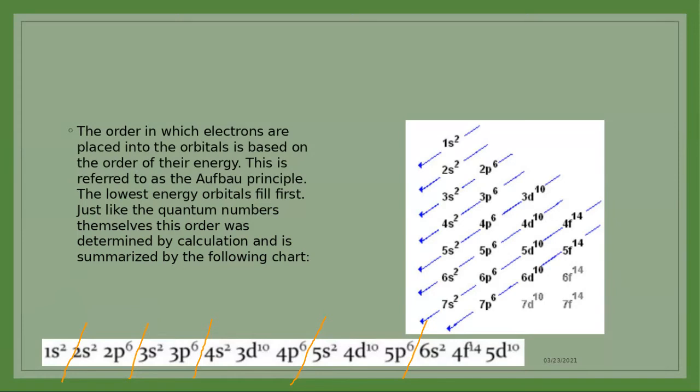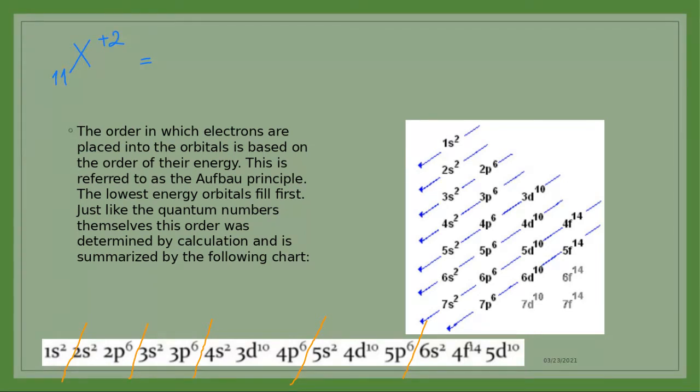For example, if I want to write the same arrangement, this is the X, the cation 2+, and here the 11.